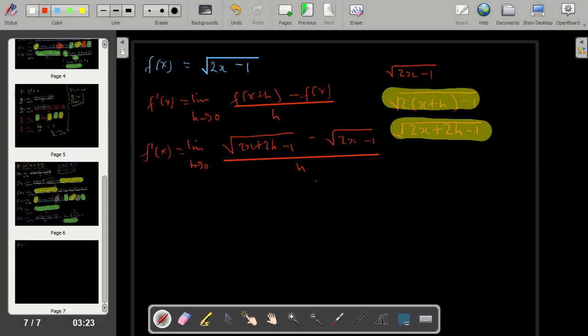If we have got radicals on top there, we are going to introduce the conjugate of the numerator, of those radicals.